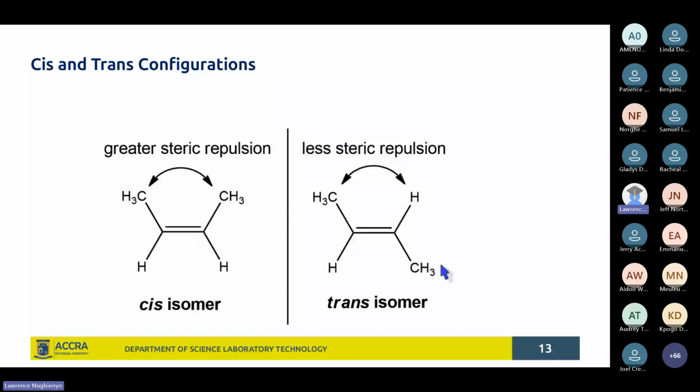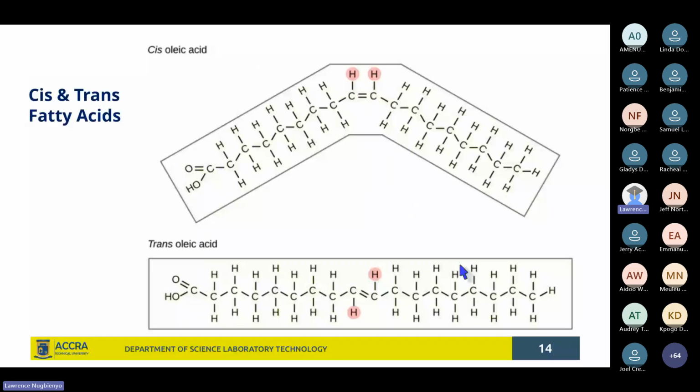And what does this mean for fatty acids? Now you can have fatty acids in their cis or trans forms. I mean, the unsaturated fatty acids, you can have them in their cis or trans forms.